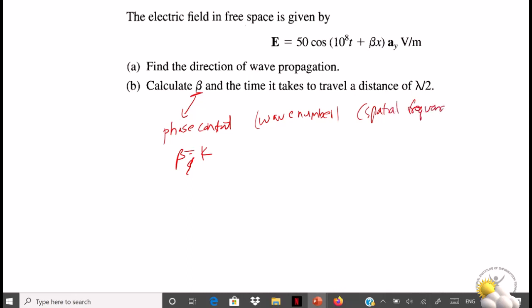Many names, but all mean the same thing. So how fast your phase is changing in space is the phase constant, the wave number is how many waves there are per unit distance, and spatial frequency is how fast the wave is changing in space. So whatever it is, beta is equal to k.